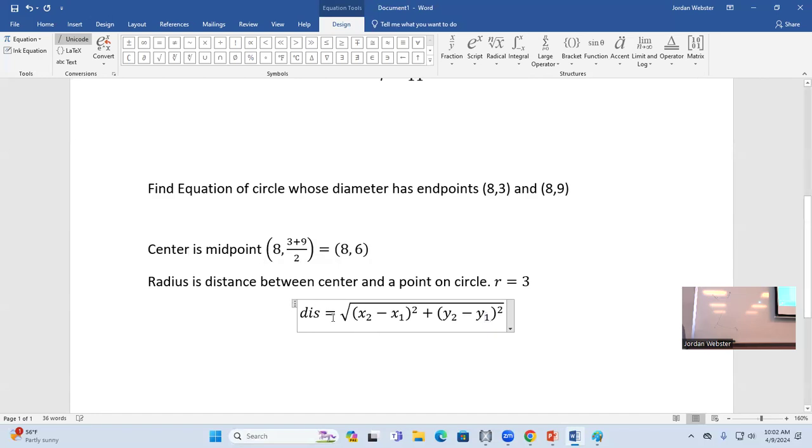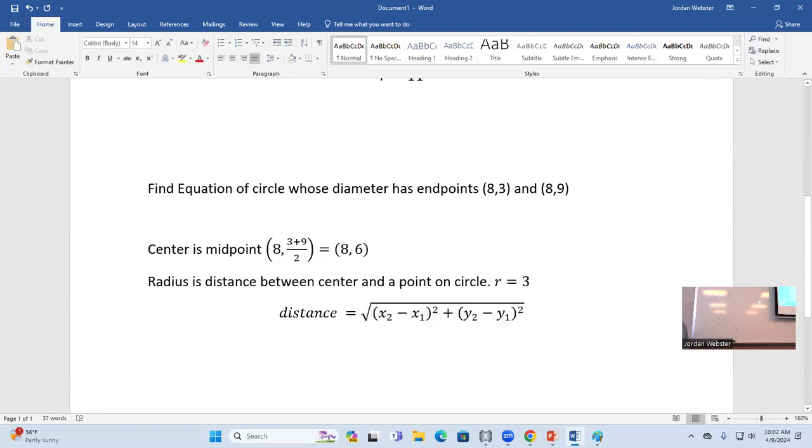So the distance formula is that one. And what I'm saying is that in this case, the x value from the center to an endpoint is from 8 to 8. The y values from the center to an endpoint, it's either 6 minus 3, I'll do that, or 6 minus 9, doesn't matter.